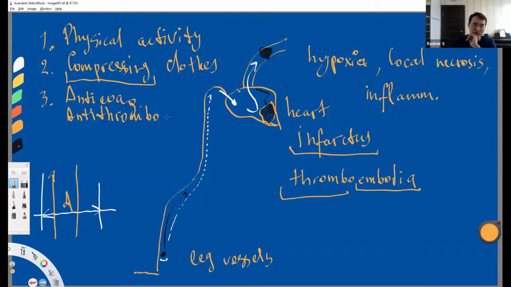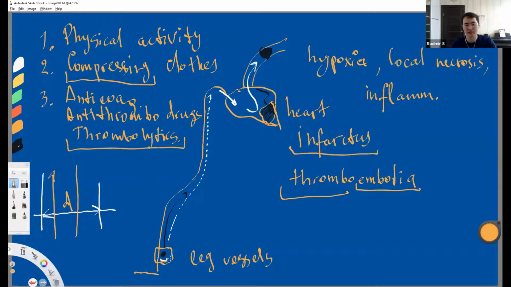And I don't remember the drugs, so we can also give the thrombolytics, and these guys, they dissolve the formed thrombus inside the vessel, okay? And they usually do it in a very fragile way so that the detachment doesn't happen.